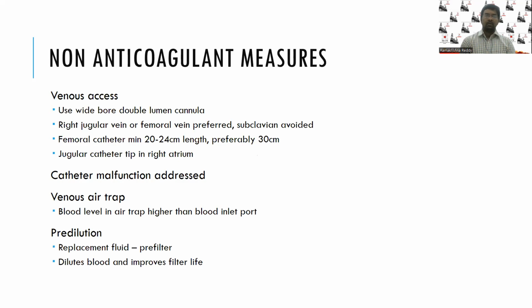What are the other non-anticoagulant measures to prevent clotting? One is venous access. As I said previously, turbulent flow can promote clotting within the circuit. So in order to avoid this turbulent flow, you need to use a wide-bore cannula, usually double lumen cannulas, and it is better to cannulate the jugular vein, especially on the right side, or the femoral vein, because the right jugular or femoral has a straight course, with no tortuous or angled course.